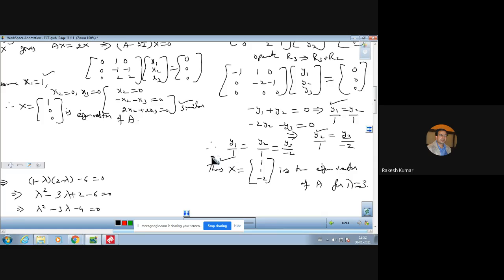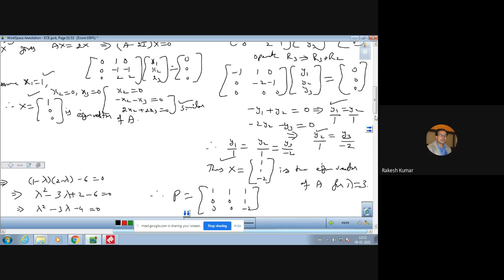So this is one eigenvector, and we already have the eigenvector 1, 0, 0, and now 1, 1, minus 2. By combining these, we should have a model matrix: the first vector will be the first column, the second vector will be the second column, and the third vector will be 1, 1, minus 2.